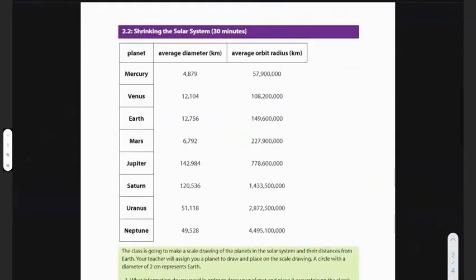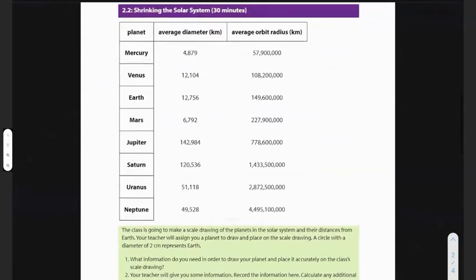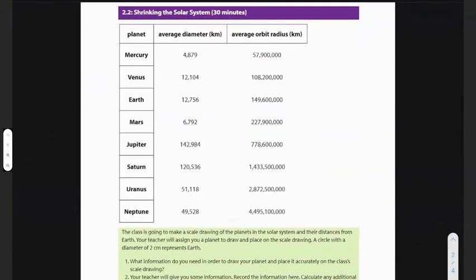Now in this one, it's saying here's all this information about your other planets, and they're basically saying a circle with a 2 centimeter diameter will represent Earth.